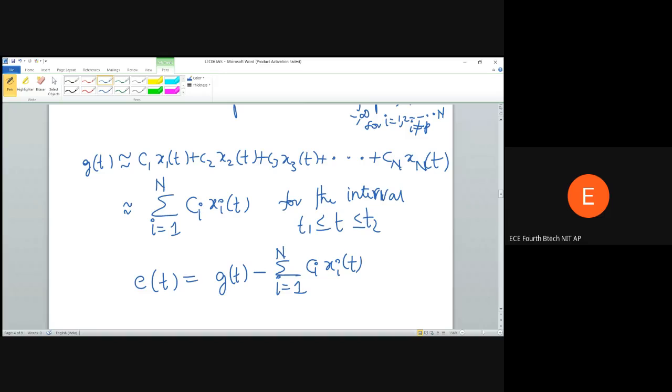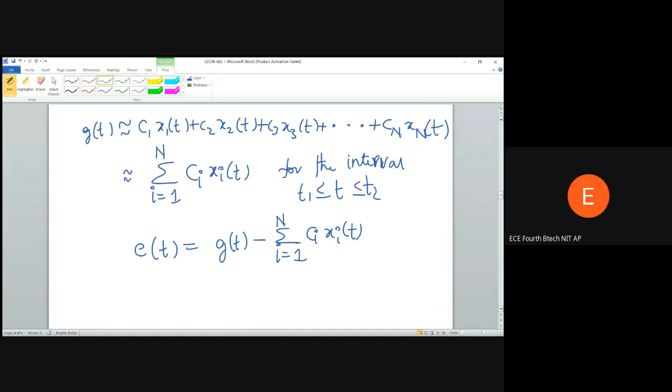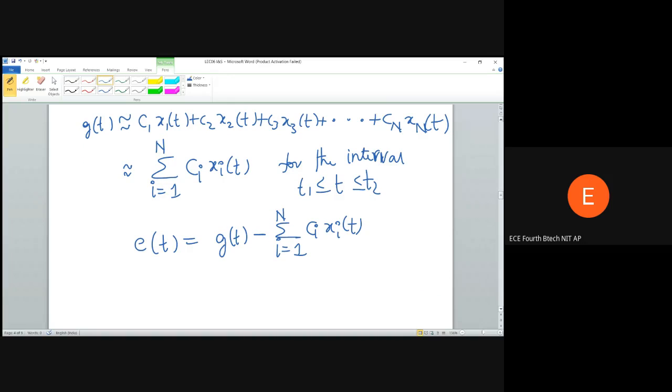And it is very easy to calculate the coefficient cn value. The value of cn, which is the coefficient, is equal to the integral t1 to t2 of g of t times x of t dt, divided by the integral t1 to t2 of x square of t dt. This is the component of one signal along another signal. This we already defined. Okay.